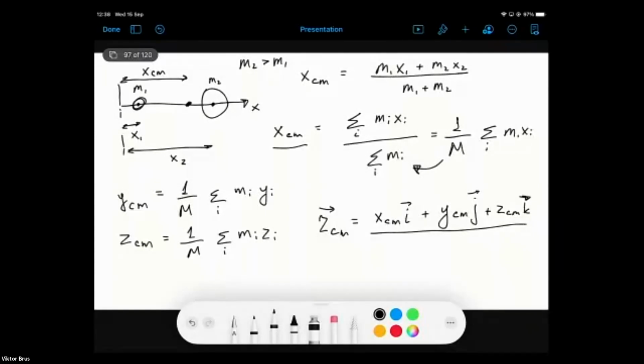So now what if we have a non-uniform distribution, so let's say we have some continuous body? So far we were considering a system of many bodies, but there could also be a case when we have a continuous body with uniform or non-uniform density distribution.